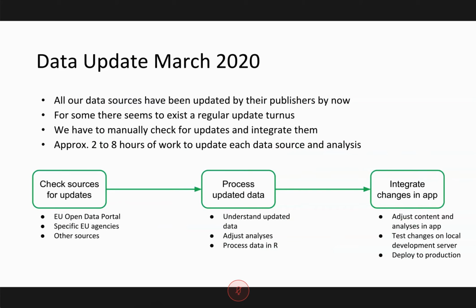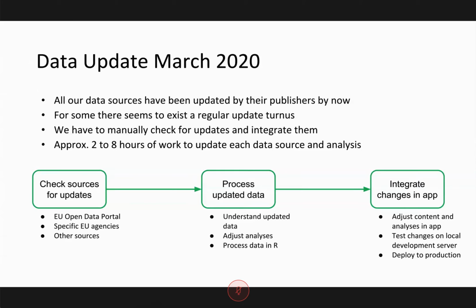And so we also recently updated the data. It's sometimes difficult for us to find when the right update cycle occurs, so we have to manually check for the updates and integrate them. It takes us approximately 2 to 8 hours for each data source.